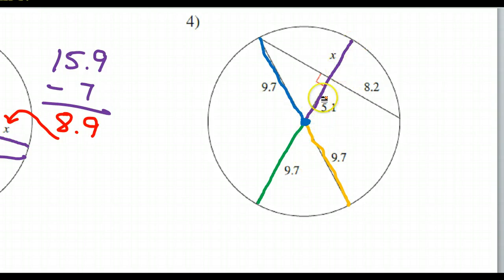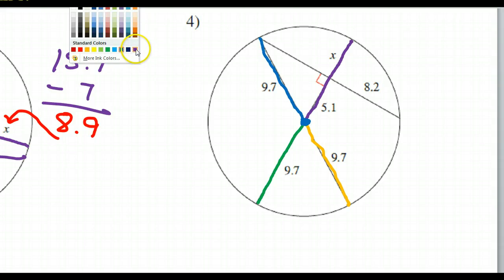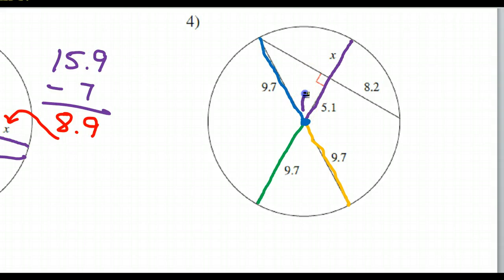But of course, the one that I need is the purple one. Okay, so if I know that the purple here is 9.7 because it's a radius, but then I know that this part down here is 5.1. You know, from here to here is 5.1. So the x should be the part that's left over.